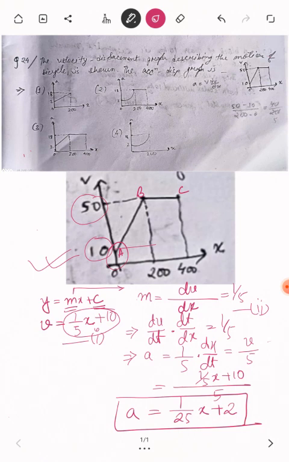From this equation we find that 2 is the intercept. All 4 options have an intercept of 2. Have you noticed it? This is 2, this is 2, this is 2, and this is also 2. So all options are correct according to the intercept, but we have to find whether the slope will be 1 by 25.